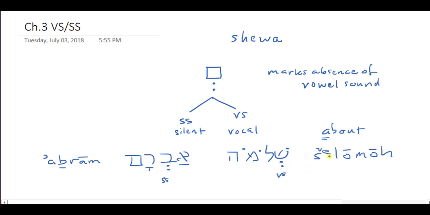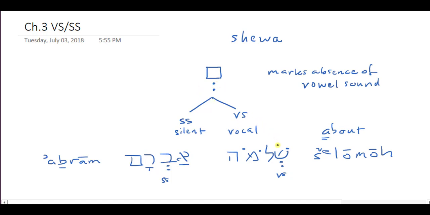It is such a reduced sound that sometimes in modern Hebrew, a word like Shelomo would be pronounced Shlomo, like slow motion, Shlomo. Of course, if we know anything about this character in the Bible, Solomon, he was anything but slow-mo when it came to his love for women. Anyhow, I digress there. But silent shevas and vocal shevas are both represented by the same symbol.